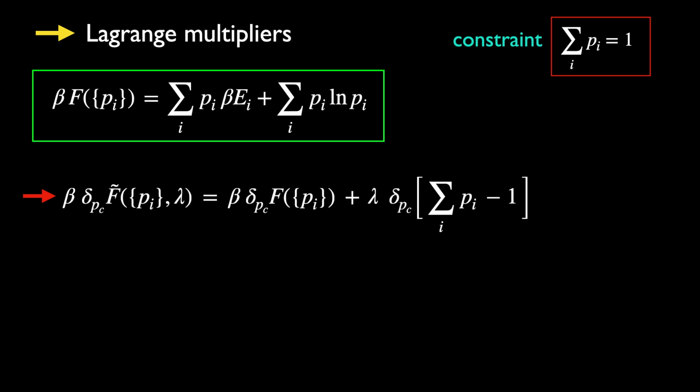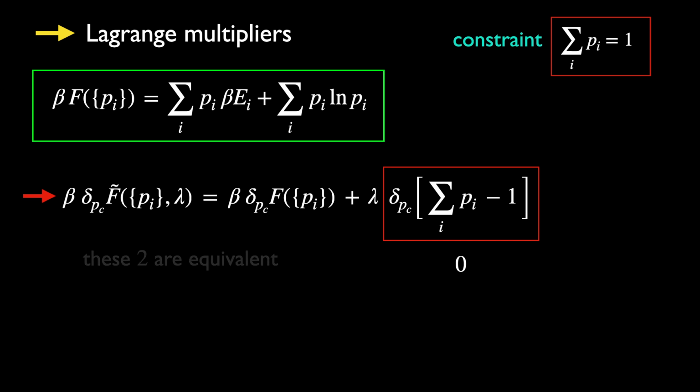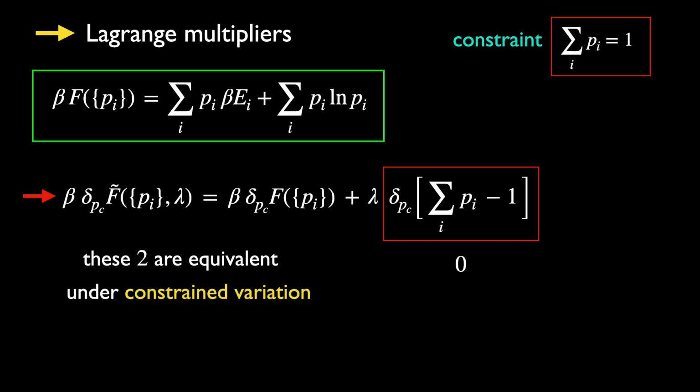Notice that the first order constraint variation of this new free energy is just equal to that of the original free energy, because the constraint variation of the constraint function is just 0 by definition. So if we want to find the probabilities that minimize f and satisfy the constraint, replacing f with f tilde is the equivalent problem. But the point is to switch out the constraint variation with an unconstrained one, varying even the new variable lambda. Let's see how this works.